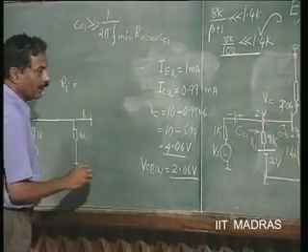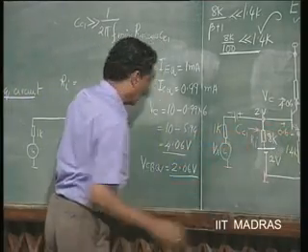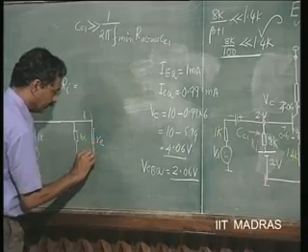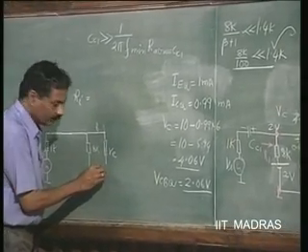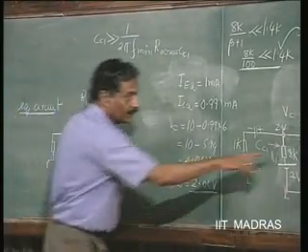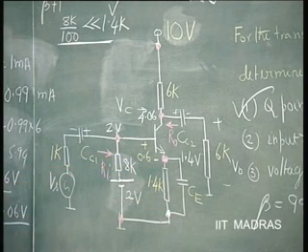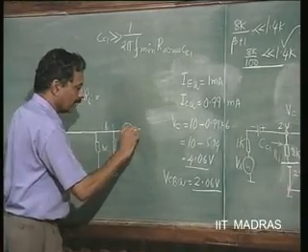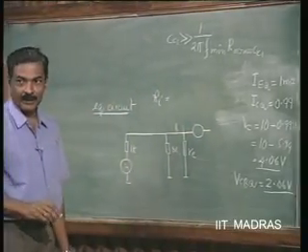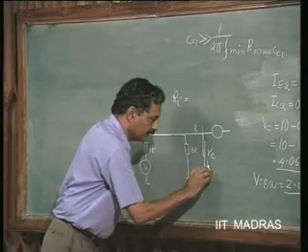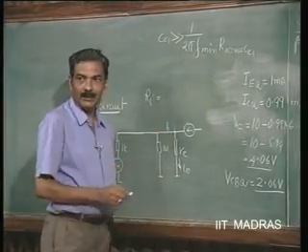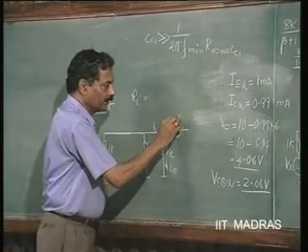Then we have RE, the small signal resistance of the transistor between base and emitter, and emitter is grounded through the capacitor, and we know how to select that value of capacitance. So, then we have the dependent current source. If this is signal current I e, this current is going to be alpha times I e.